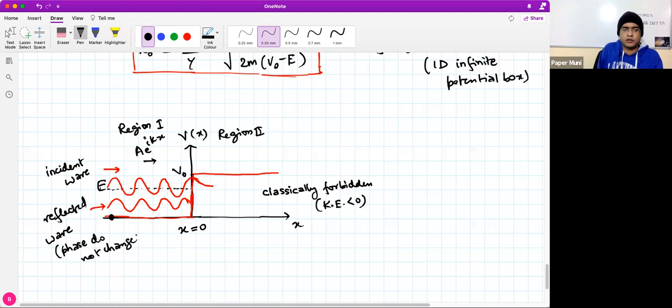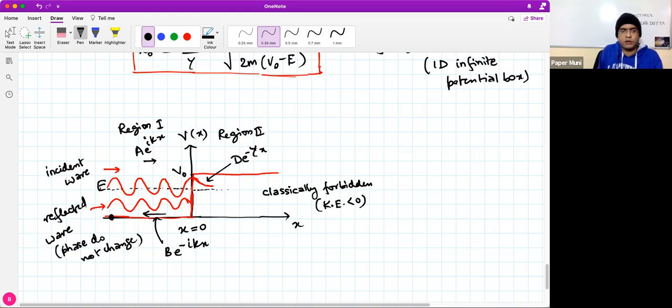So it will be in phase, and there is a decaying region here. This part is the decaying part, which is D e to the power minus gamma x. This is the decaying part, and this is the oscillatory part. This wave we can write like this: B e to the power minus iota kx. And in this region the wave function is this.